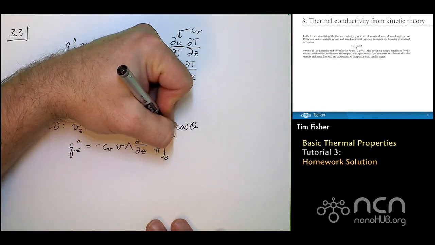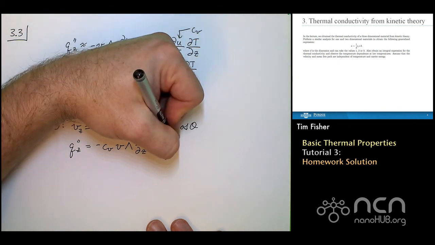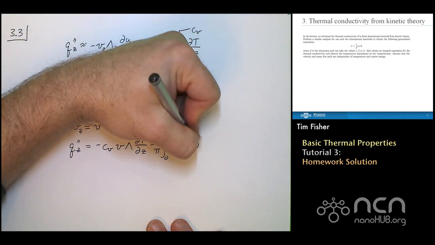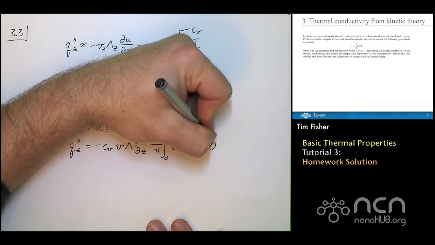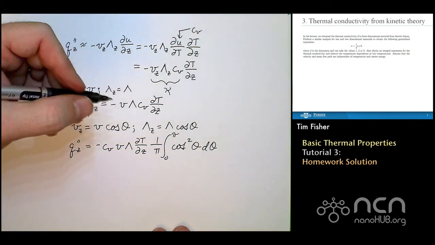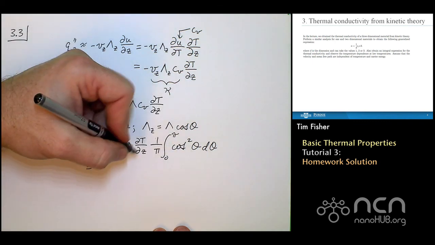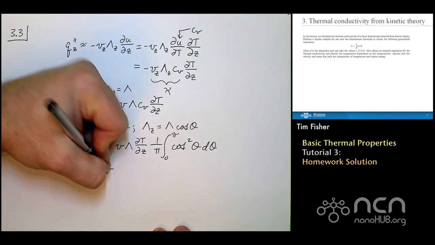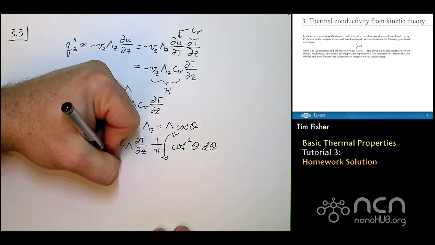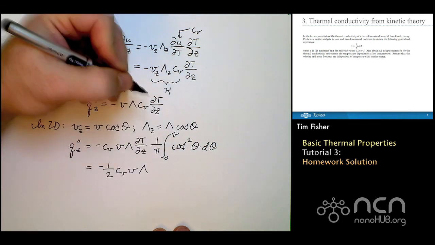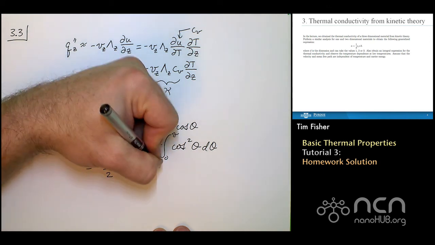An integral from 0 to π of the directional terms from the velocity and mean free path, so that they each had cosine, so this becomes cosine squared theta. And what we find is, if we just do that simple integral evaluation, it's minus 1/2 specific heat times velocity times mean free path times the temperature gradient.